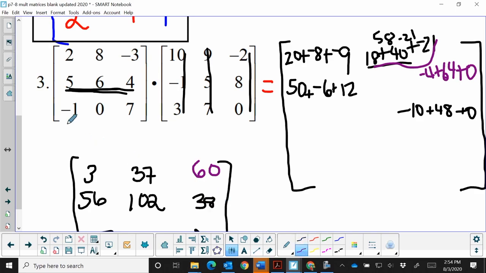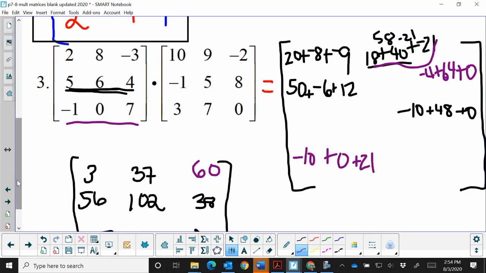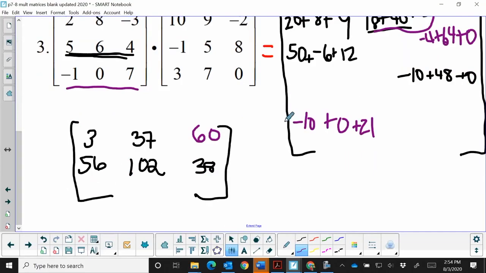Okay, and then the last row times each of my columns. Hopefully you're getting the hang of it by now. So we've got a negative 10 plus a 0 plus a 21. So that gives me bottom left, that's our left column, bottom left is going to give me 11.